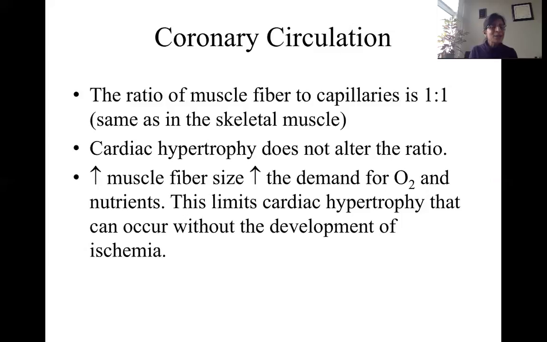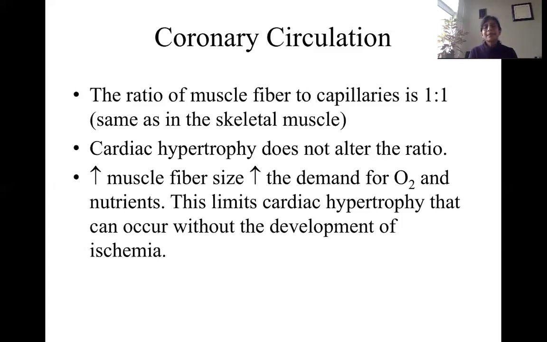So the ratio changes in skeletal muscle. It's not going to be 1:1 anymore. I'm just making up a number here, such as 1:10. So in an athlete, skeletal muscle fibers may have a greater ratio than in a non-athlete, all right?